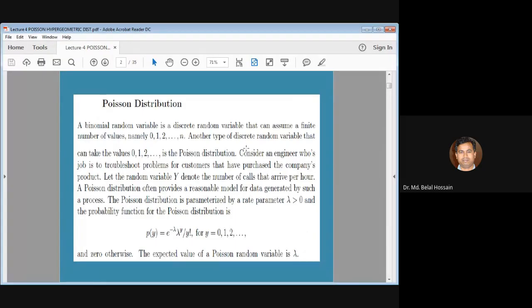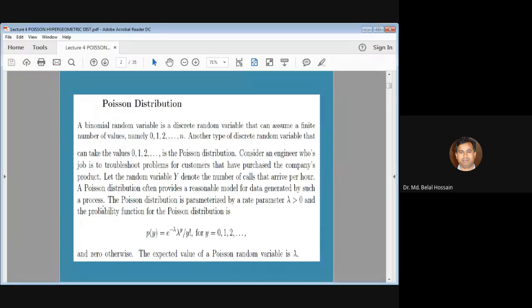So the upper limit is infinity. When y is the number of calls that arrive per hour, a Poisson random variable provides a reasonable model for data generated by such a process. You have a given time interval and the events are occurring in that time interval.